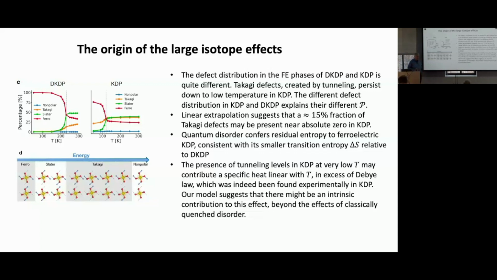According to our model, there could be an intrinsic effect in the system, but in the experiment they found dependence on the sample preparation. So it is difficult to distinguish between quenched and intrinsic disorder.